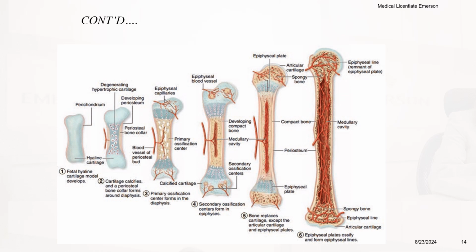Then primary ossification centers form in the diaphysis. Then secondary ossification centers form in the epiphysis. Then the bone replaces cartilage except the articular cartilage. Then epiphyseal plates ossify and form the epiphyseal lines. So this is just a demonstration of the endochondral ossification.